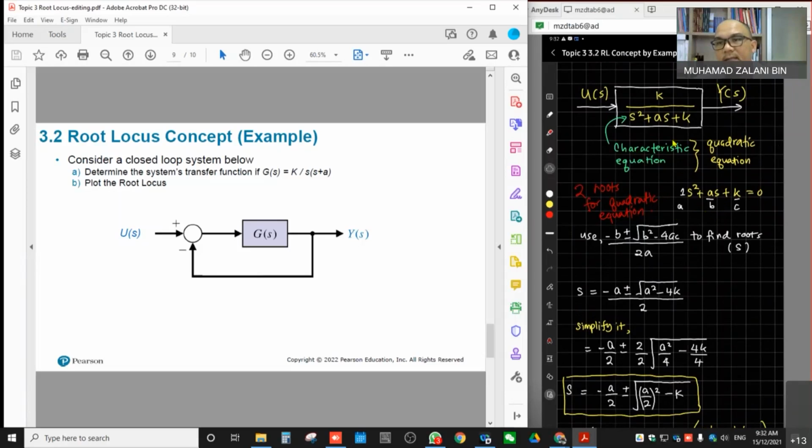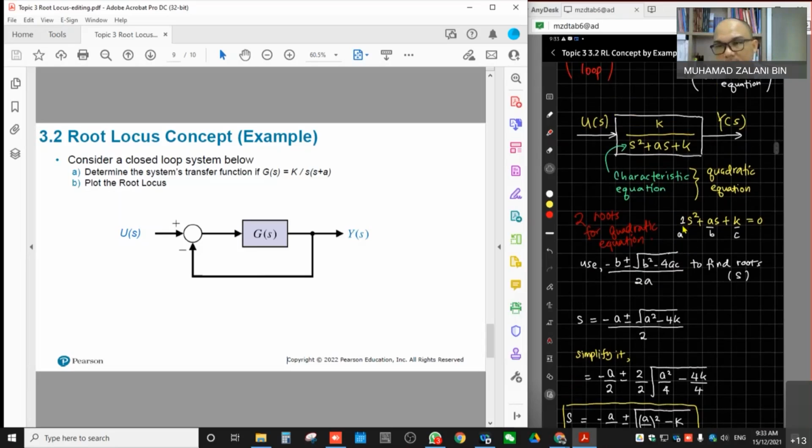So how do we find the roots of the characteristic equation? Basically we go back to calculus to find the roots of a quadratic equation. We can just use this formula: negative b plus minus the square root of b squared minus 4ac, divided by 2a, to find the roots of s.